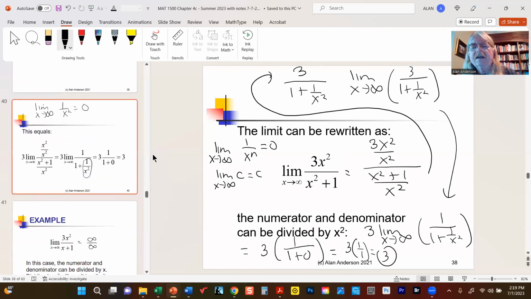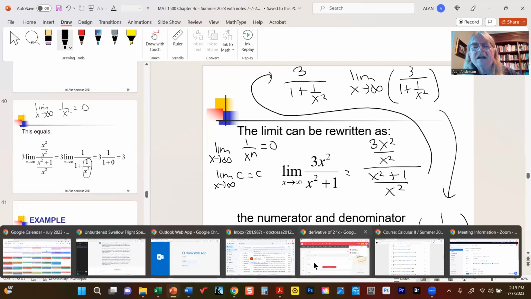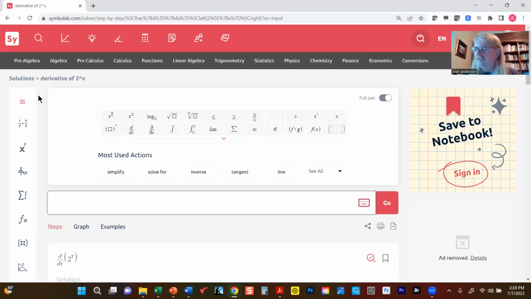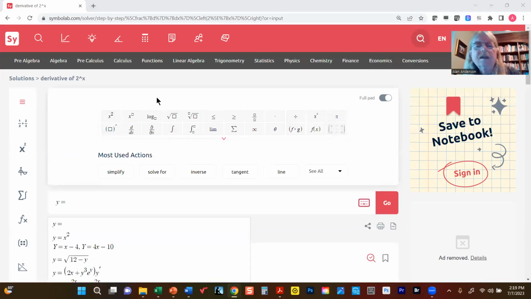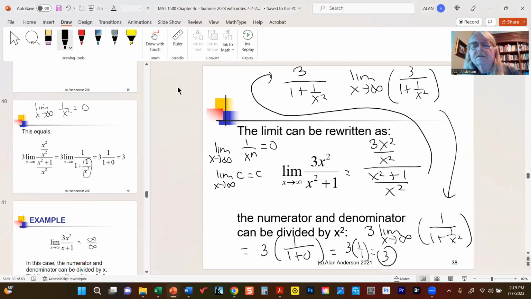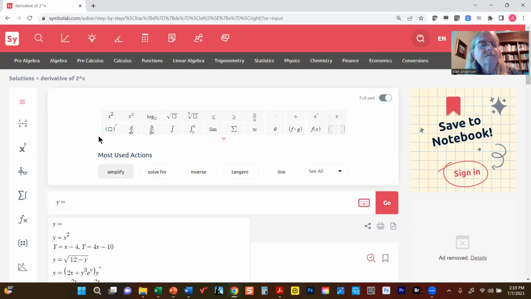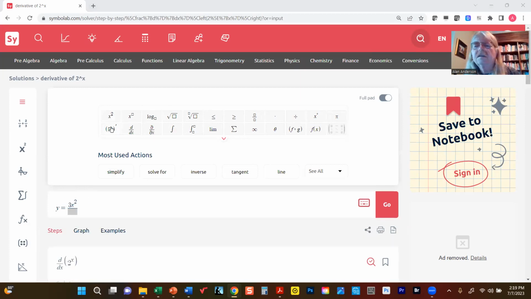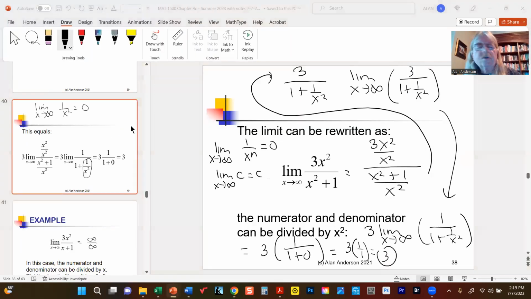By the way, let's look at this thing in Symbol Lab. It's always fun to look at these wacky graphs. 3x squared over x squared plus 1.